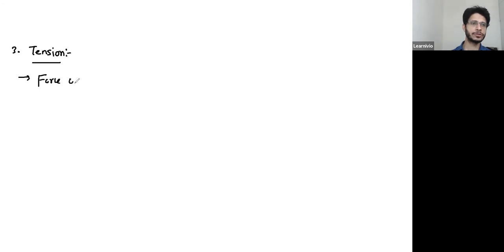Then the next is just one more force, that's tension. Tension is basically a force with which a string pulls a body. So if I take a box, I connected this box to a wire, to a string.